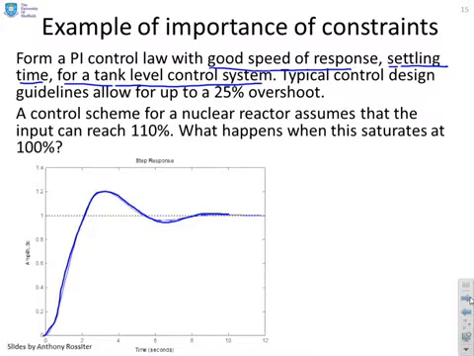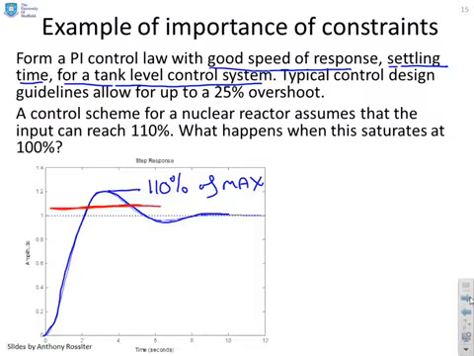But what happens if you're actually running the depth fairly close to the limit? And therefore, what you find is that this value here is 110% of the maximum. Then clearly you can't get that, and what's going to happen is this will saturate somewhere down here.